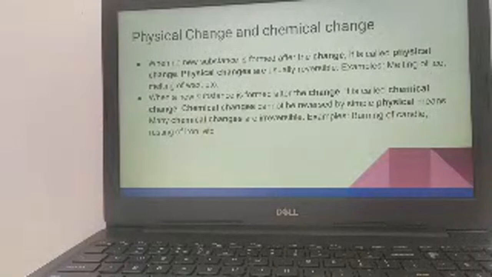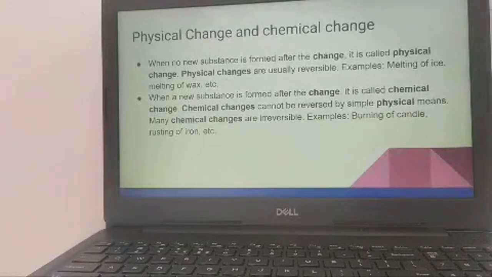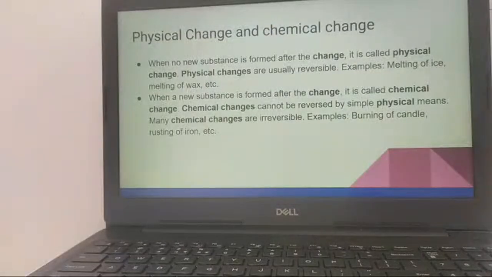But then why do we say that it is a change? Yes, there is change taking place. The change is taking place in the state of the substance. The solid state is changing into liquid state. And that is why we say that such changes are usually reversible.